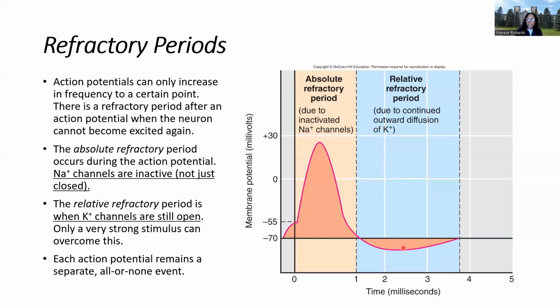All of the potassium channels haven't fully closed, which is representative of the membrane potential being more negative than -70. And if you think back to potassium's equilibrium potential, that would make sense, because potassium's equilibrium potential is way down here. It's -94. So until all of those additional potassium channels close, the membrane potential is going to be a little bit more negative than where it typically is.